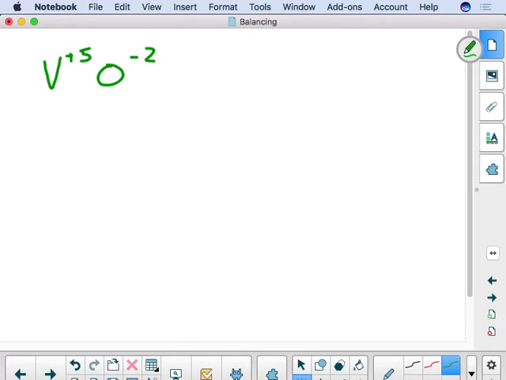So Declan, when I put these together, what is the formula of this compound going to be? V2O5. Correct. Just drop those numbers down, and the charges become the other numbers.